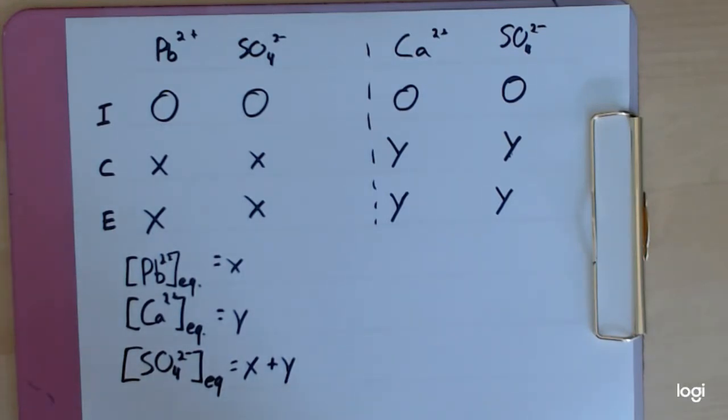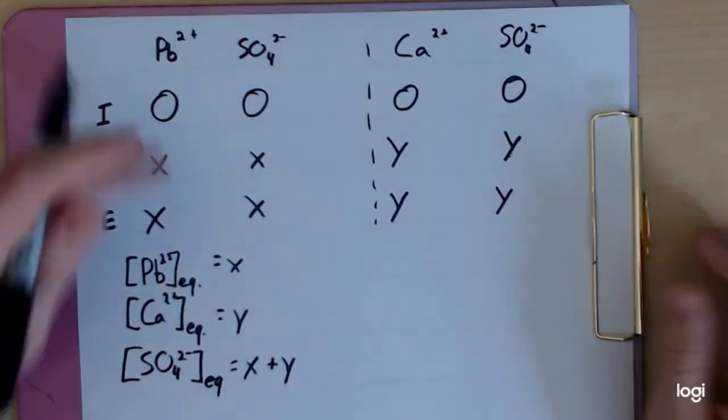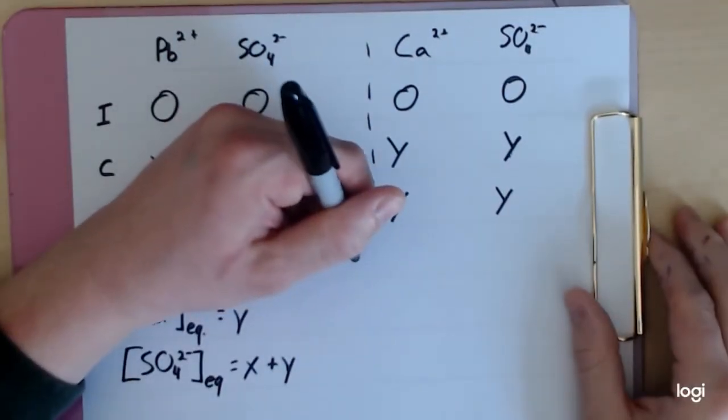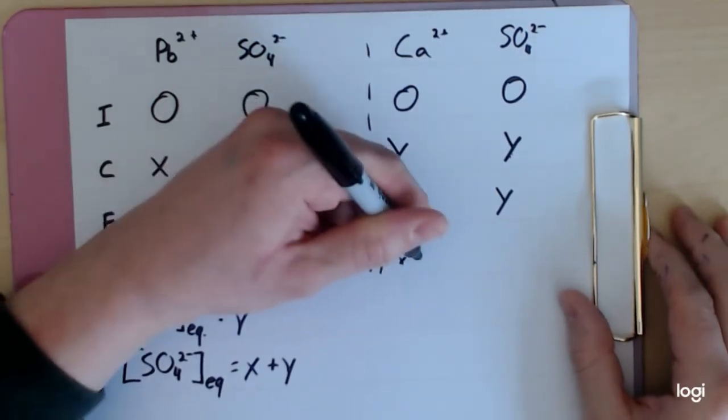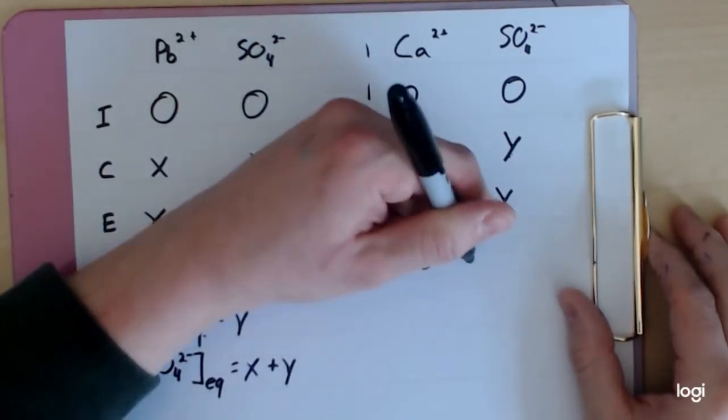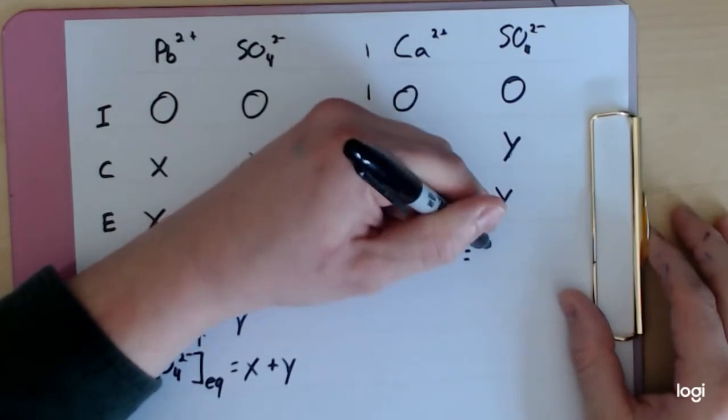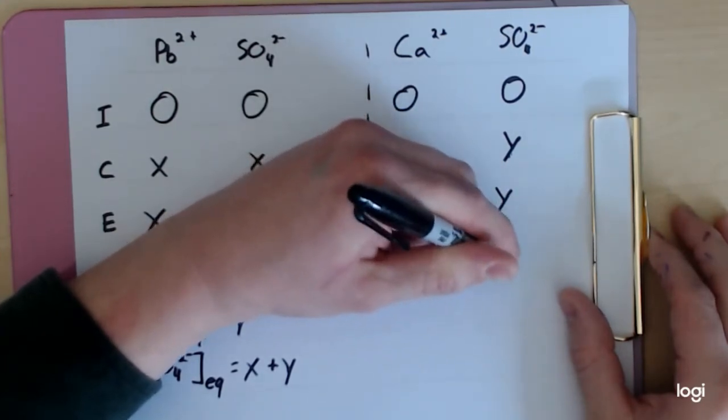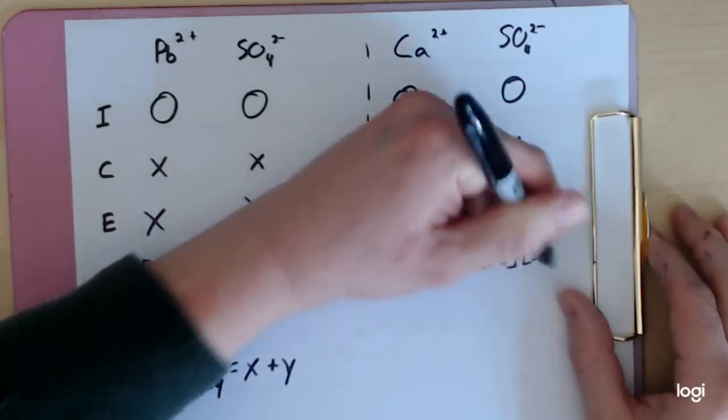Okay, so now let's take this to our equilibrium constants that were stated in the problem. The lead equilibrium constant, K, is 3.9 times 10 to the negative 8th. And we know that this equals the concentration of lead times the concentration of sulfate.